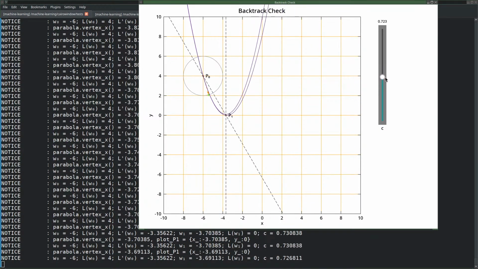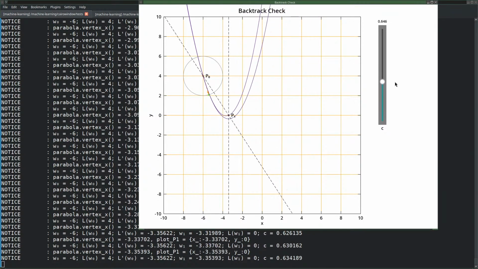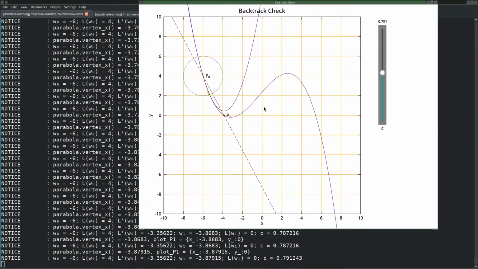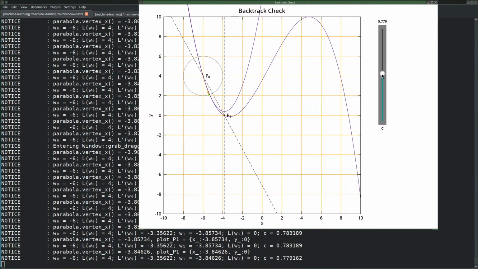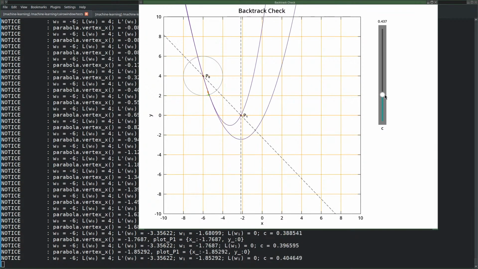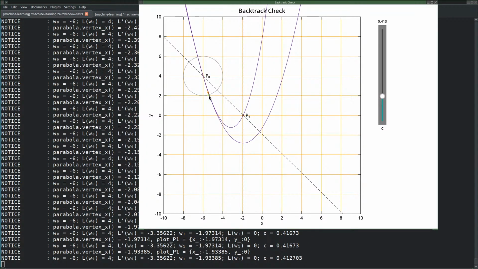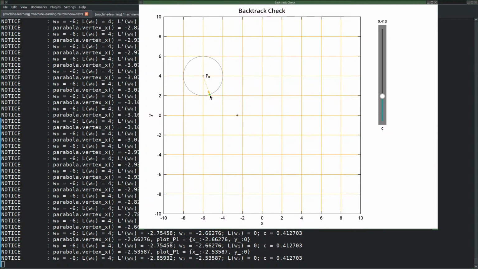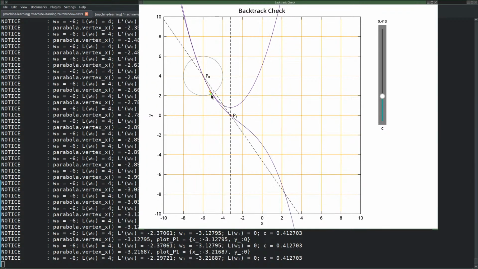So the math was difficult, but the answer is extremely simple. Namely, is the vertex above or below P1? That's the only thing that we want to know. No calculations required at all. Yep.